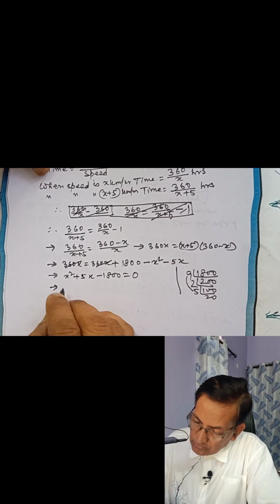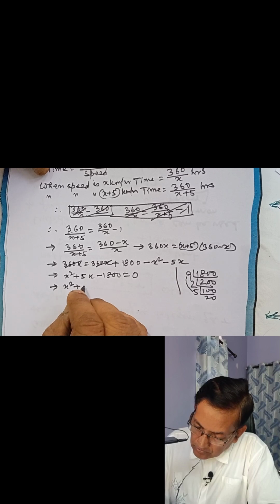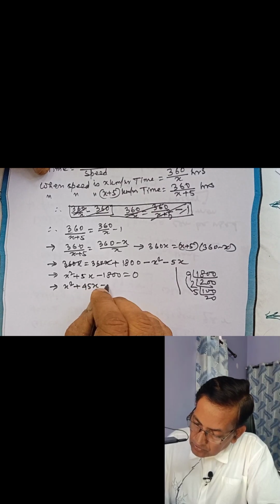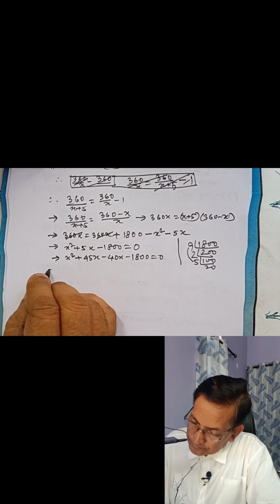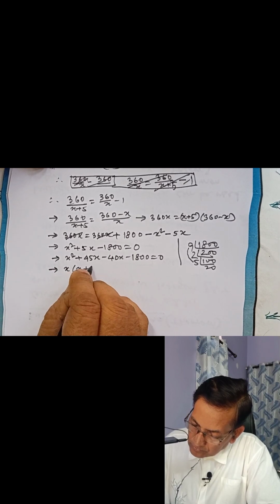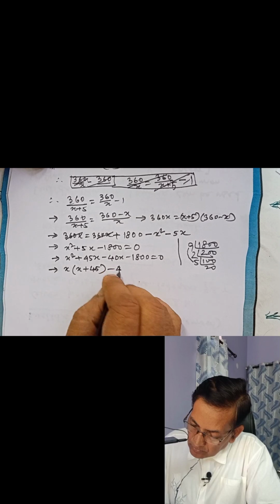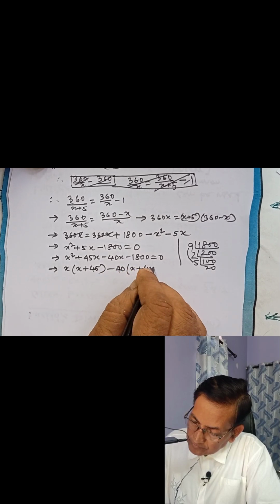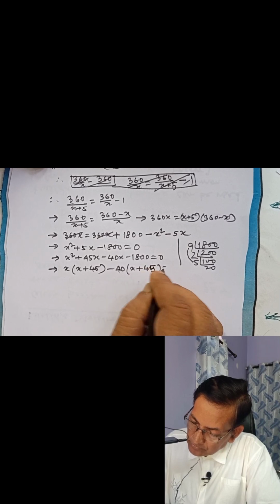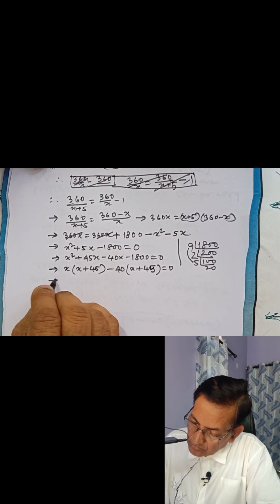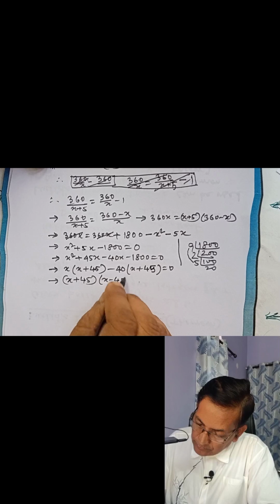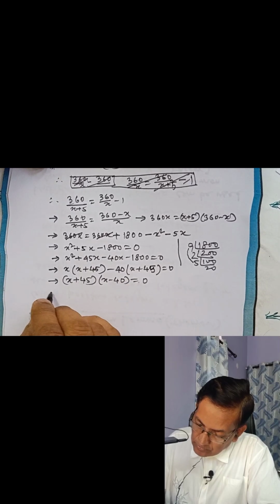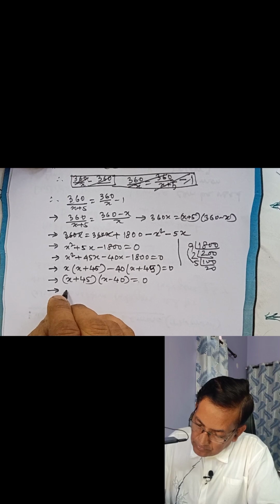Therefore x square plus 45x minus 40x minus 1800 is equal to 0, or x into (x plus 45) minus 40 into (x plus 45) is equal to 0. (x plus 45) into (x minus 40) is equal to 0. From here x is equal to 40.